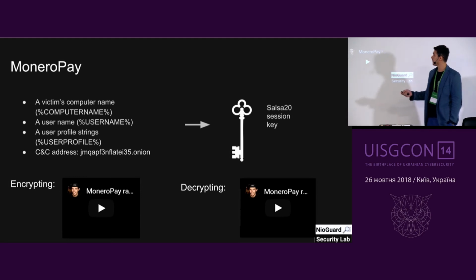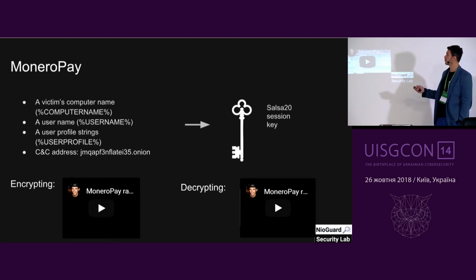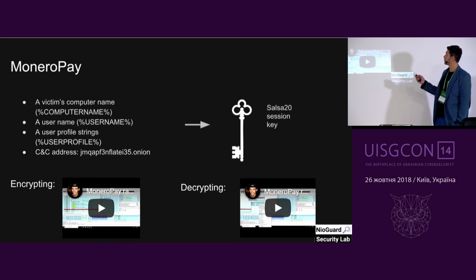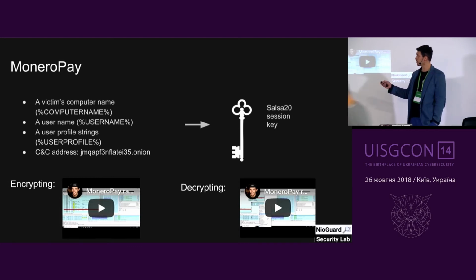So after analysis, we found out that this is really simple ransomware. It uses the Salsa20 symmetric cipher. And the key was generated based on four strings: the victim's computer name, username, user profile, and CNC address.